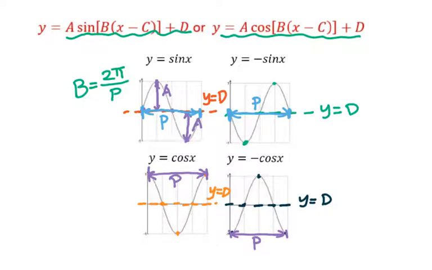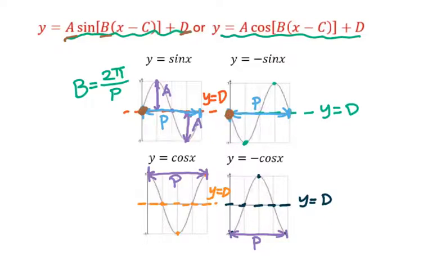We already figured out A, B, and D. C is the hardest part to figure out. We need a starting point. For the sine x pattern, this is the starting point. For negative sine x, this is your starting point.